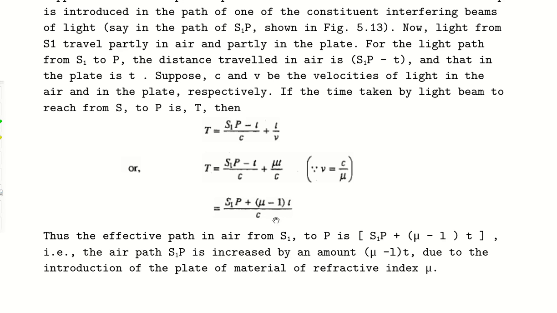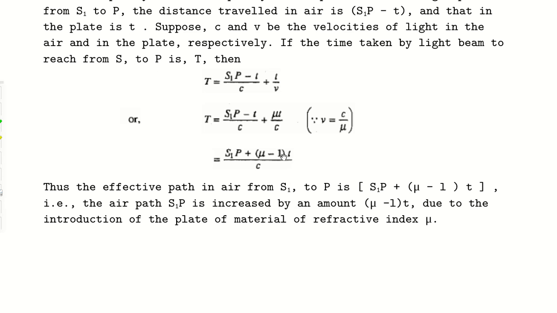The reason behind the formula being written like this is, see, if the thickness t is not present, then the time will be S1P by c. But now the path taken by the light is increased by an amount (mu minus 1) times t.